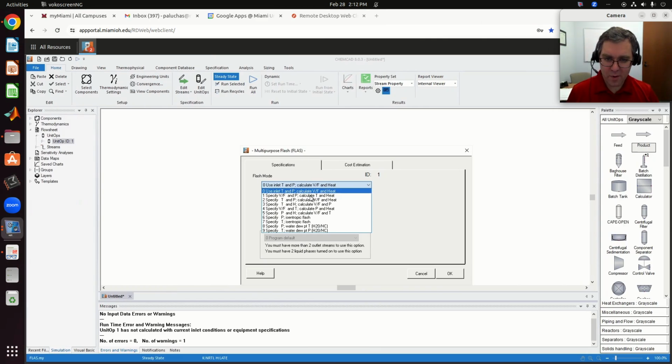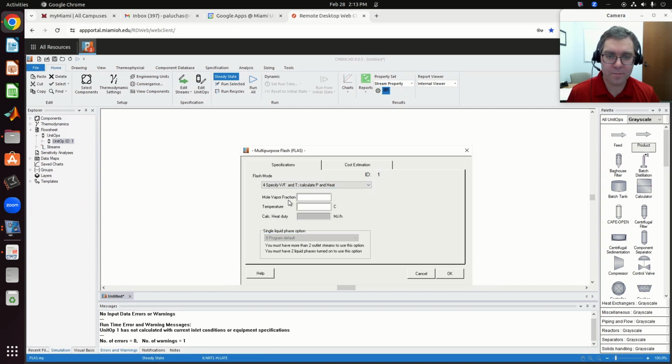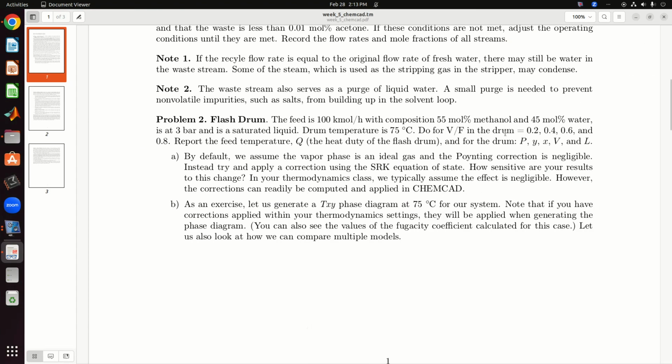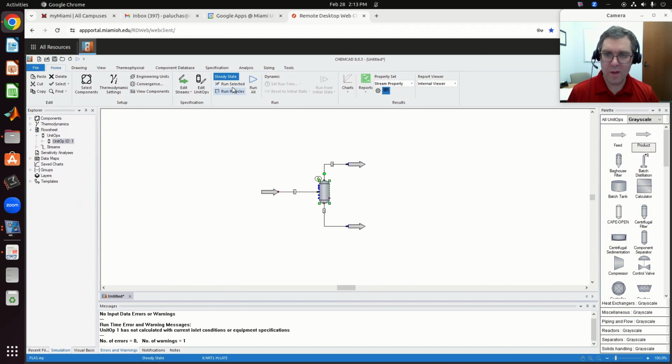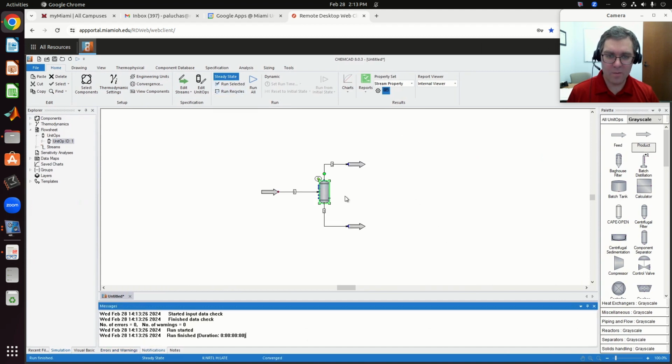So the operating mode is going to be number 4, specify V over F and T. Mole vapor fraction is the fraction vaporized. We're going to try a couple of different values, but I'm going to start with 0.2, and then my temperature was 75 degrees C. So if I do that, and then I run, it runs.